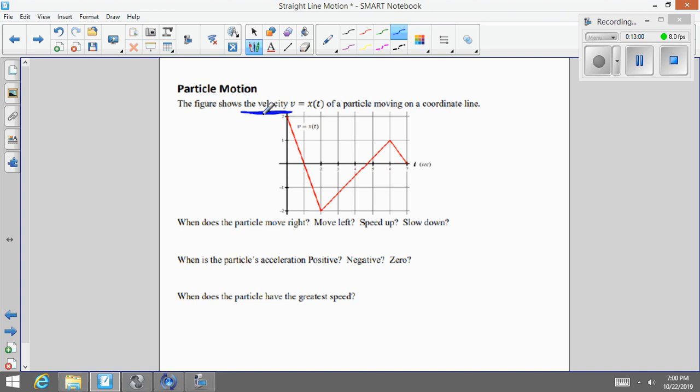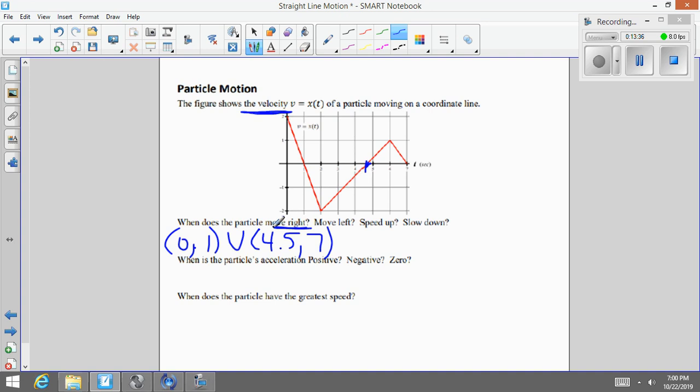So the particle is moving to the right, it looks like, on the interval from 0 to 1. And also on the interval from, I'm having to kind of estimate this x-intercept right here, I'm just going to call it 4.5 to make things easier, 4.5 to 7 is when it's moving to the right.